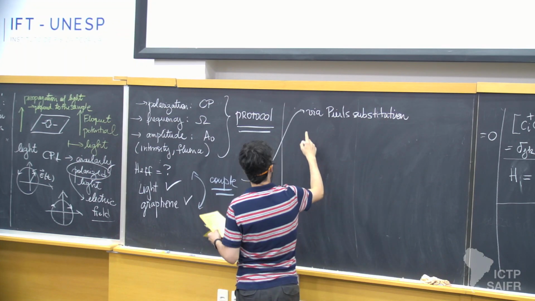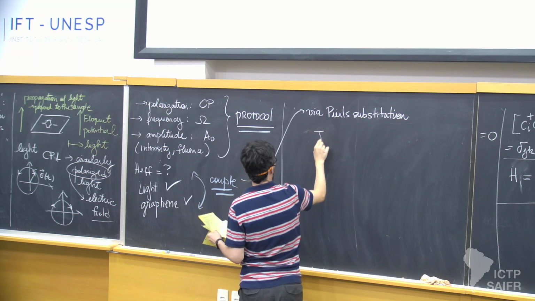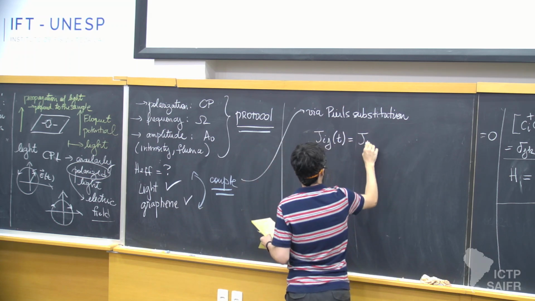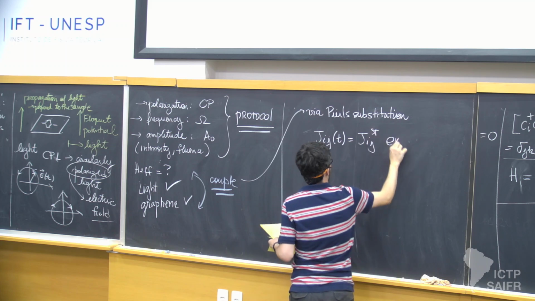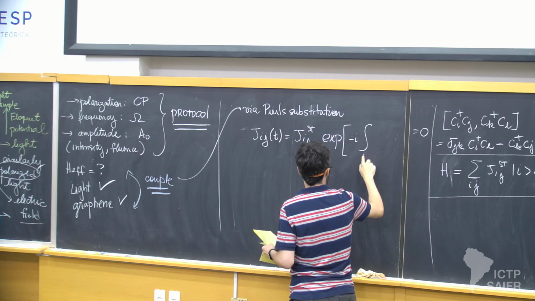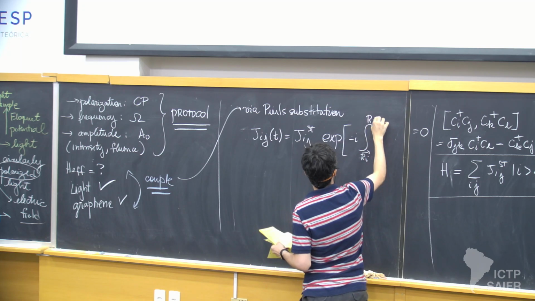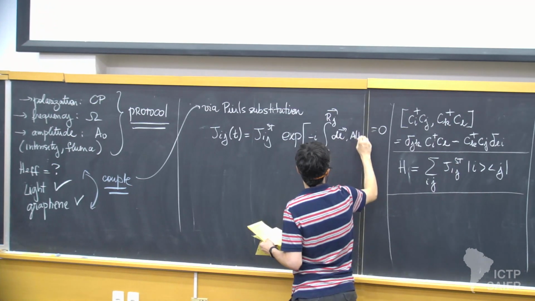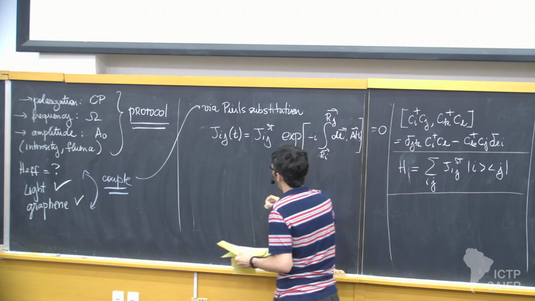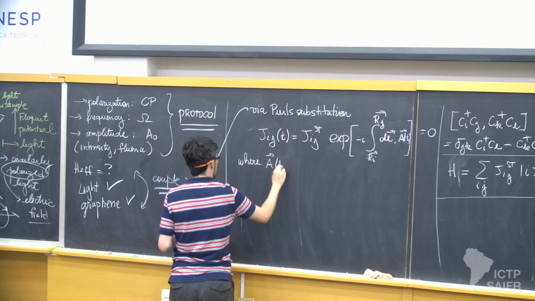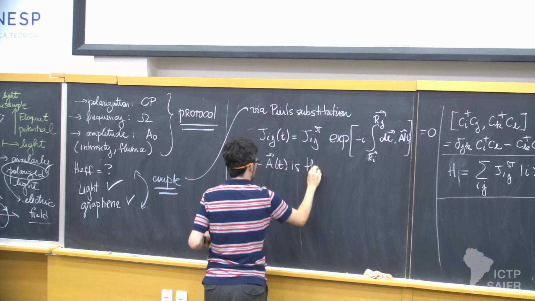Going back to the notation of J's for a moment, because I want to be generic at this point, this couples as J_ij times the exponential of minus i times the integral from one point of the lattice to the other point of the lattice of dl dot A of t, where A of t is the vector potential.